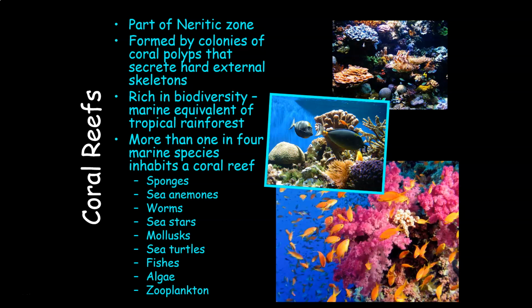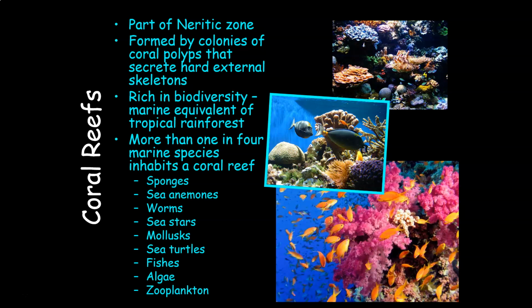Part of that, this is also where we can come across coral reefs. So these are part of that neritic zone as well, and they are living organisms. So if you've seen Finding Nemo, then you know kind of what this looks like. And if you've ever had the chance to get to see one of these in person, I am super jealous. So cool, right? So these guys are actually colonies of coral polyps.